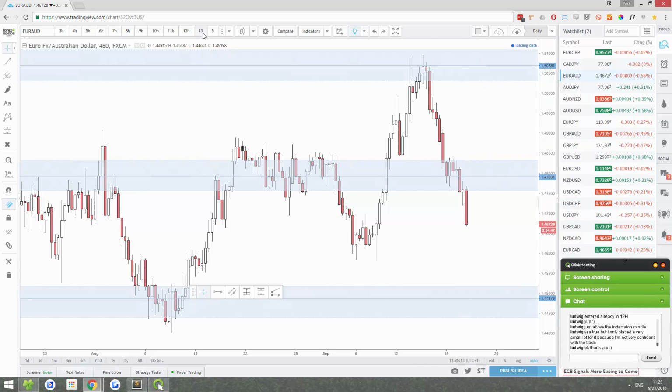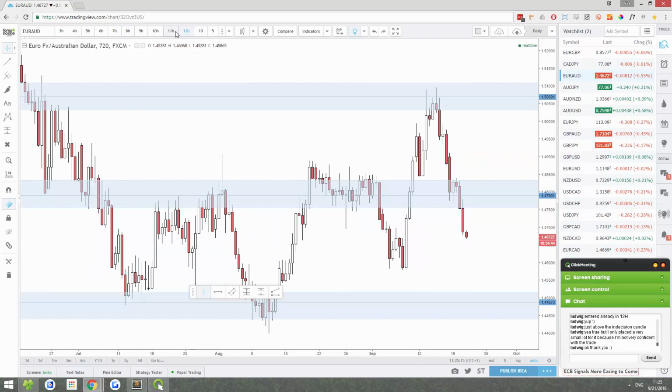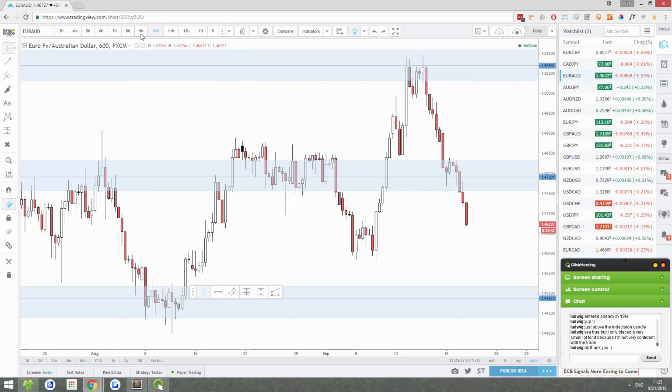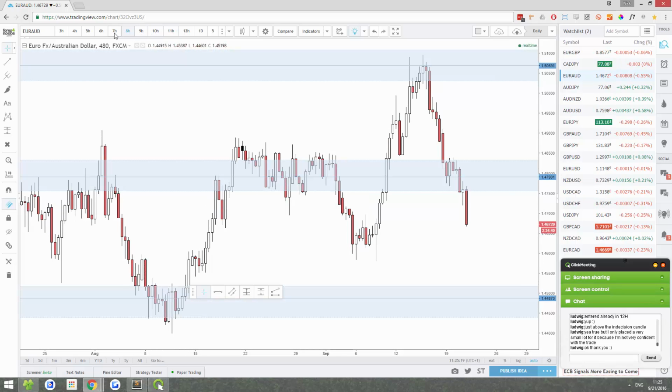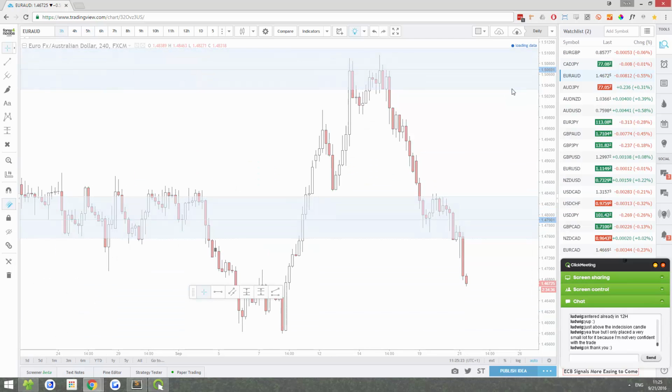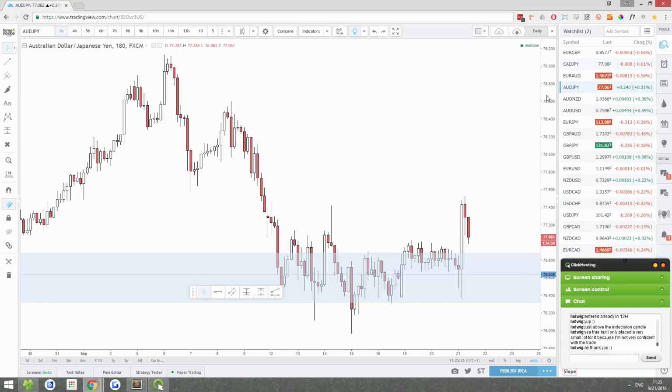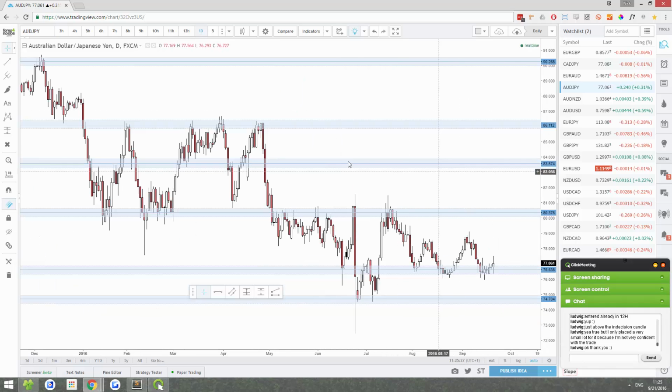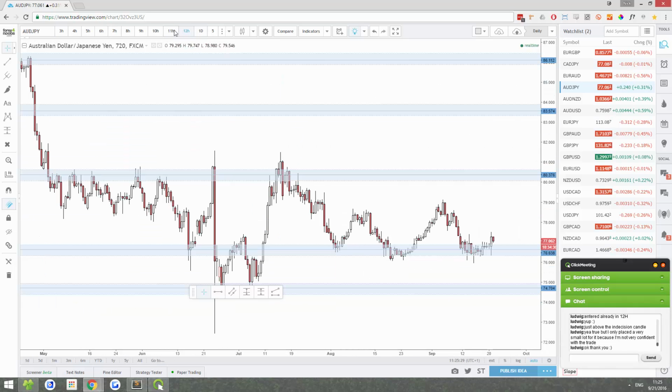So let's check out Euro AUD. Euro AUD is broken through support and it's headed down fast. No real tradable setup there. Let's check out AUD JPY.